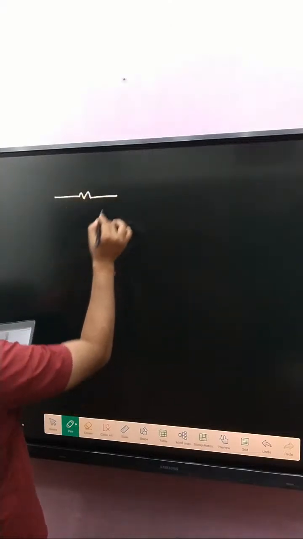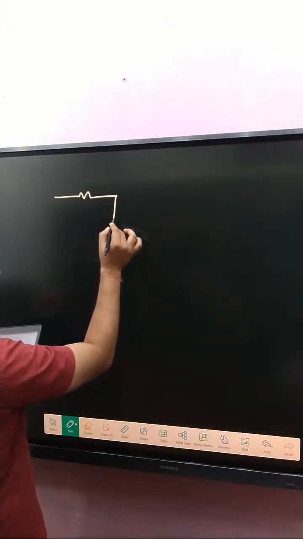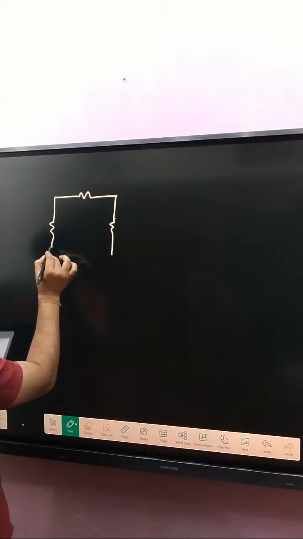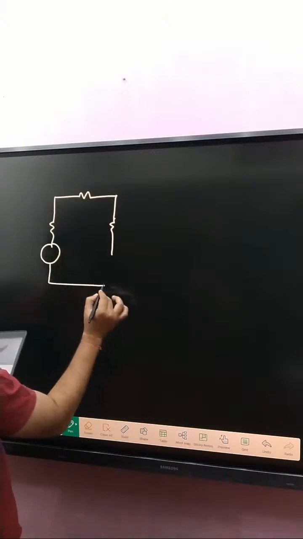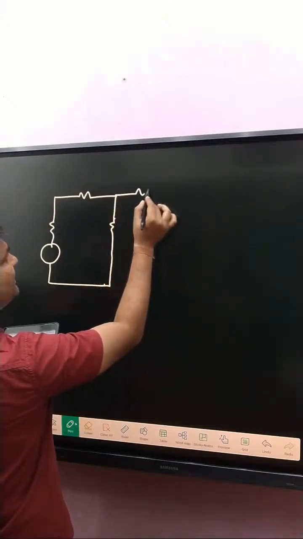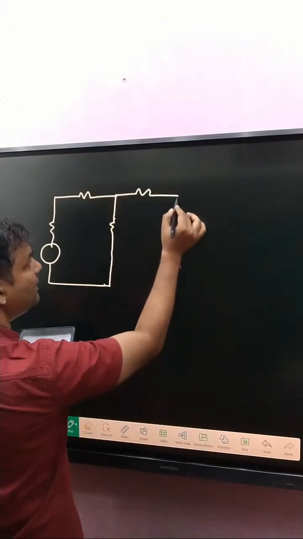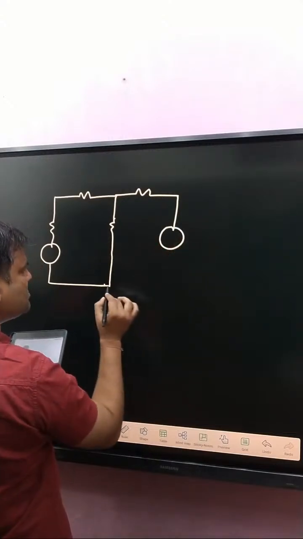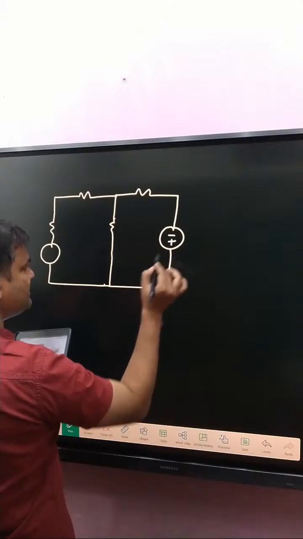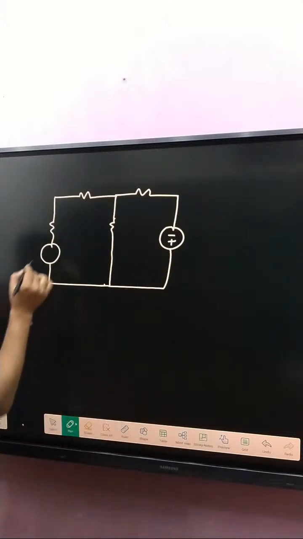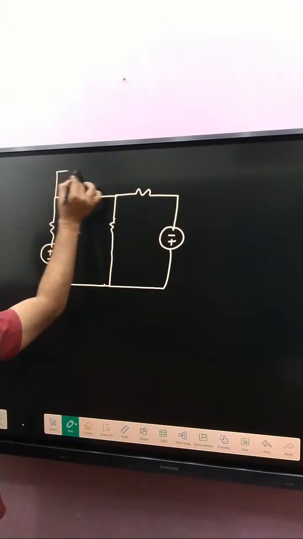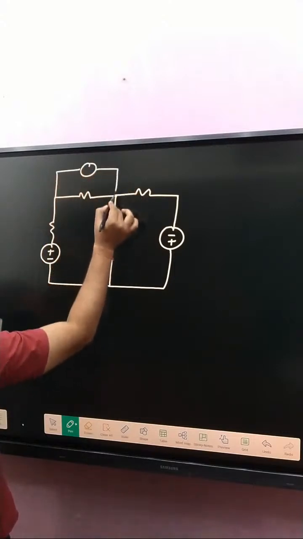A resistance, in another resistance like that one, a resistance like that one, a voltage source connected. Here 8 ohm and here minus plus and here plus minus, and here a current source given like that one.